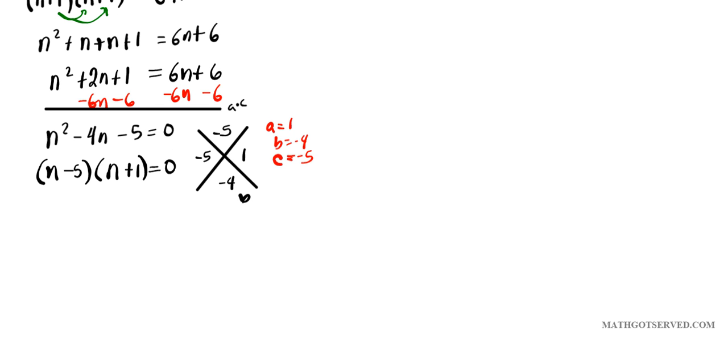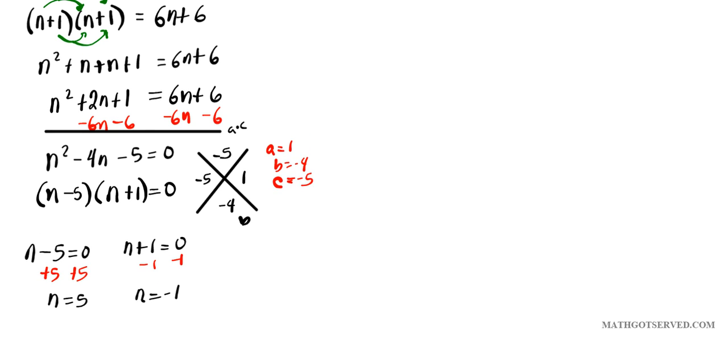So we're going to set each factor equal to 0. So we have n minus 5 equals 0, and n plus 1 equals 0. The first one, you add 5 to both sides. First possible solution is n equals 5. And then in the second equation, you subtract 1 from both sides. The second possible solution is n equals -1.